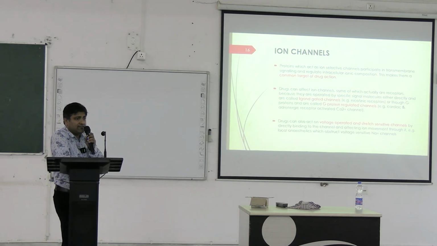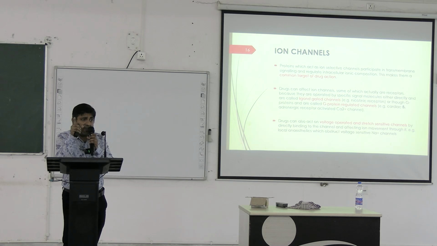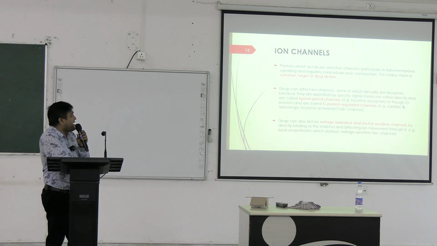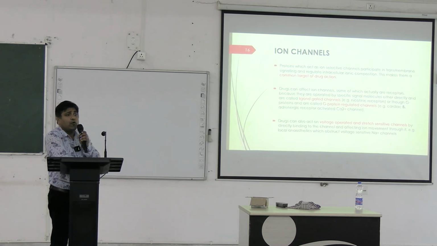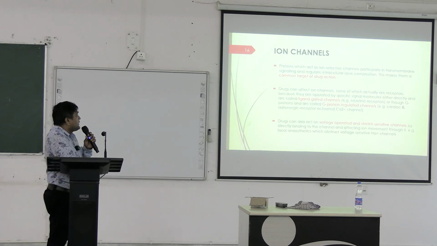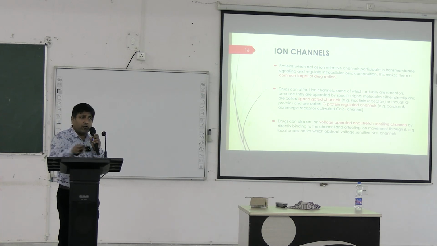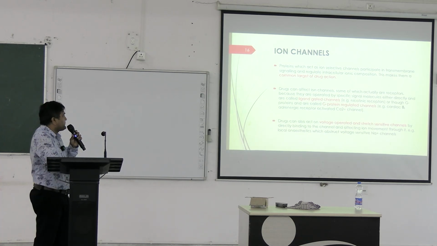Ligands are basically the molecules that bind to the respective site, in this case the ion channel, to regulate the opening or closing of the ion channels. So, they can be ligand gated channels or G protein regulated channels. We will come to G proteins in detail a little later.